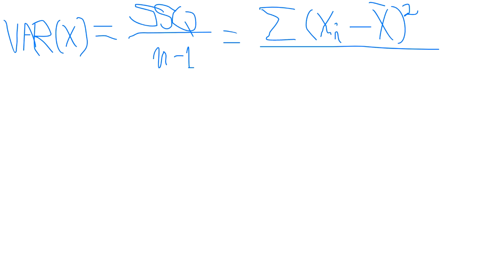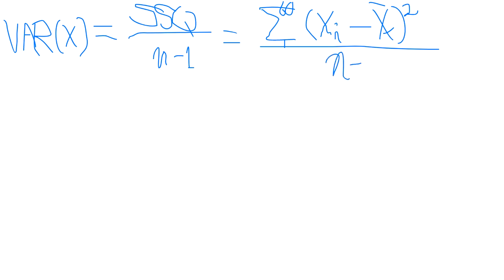This was the difference between each monthly return and the average return, and we squared it. We had like 60 of them, and then we summed everything, so i ran from 1 through 60. And then we divided by n minus 1.